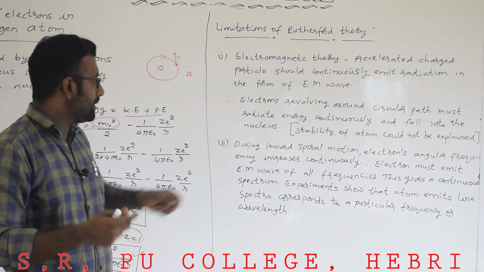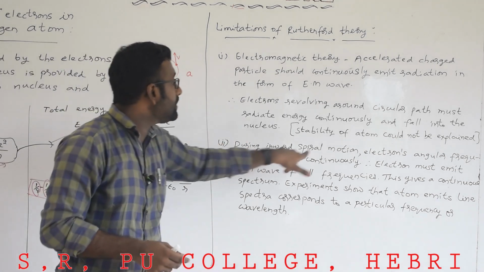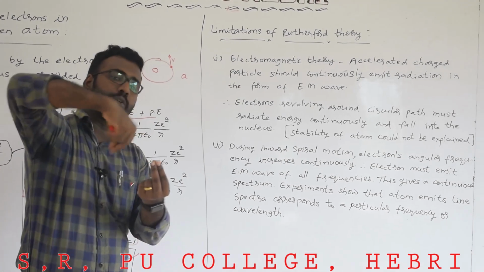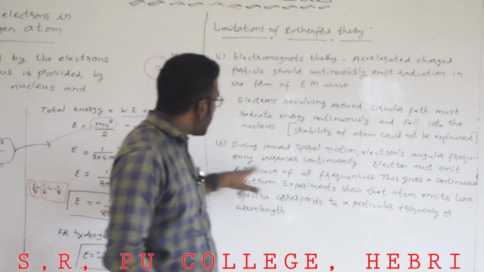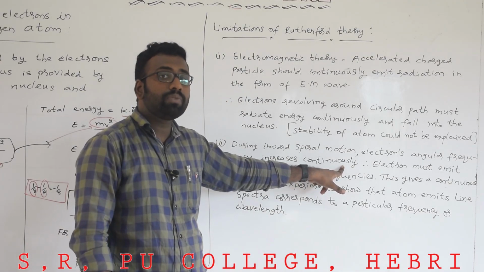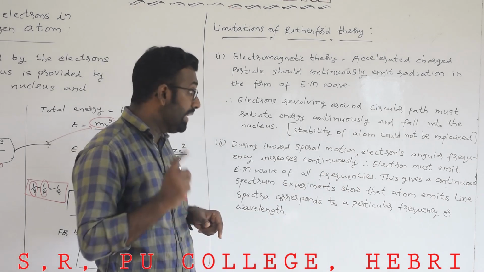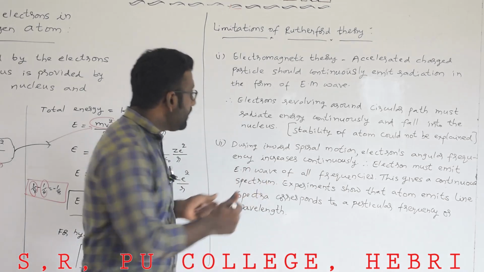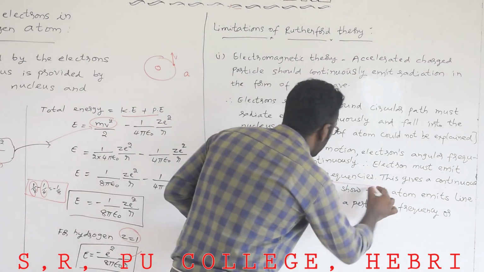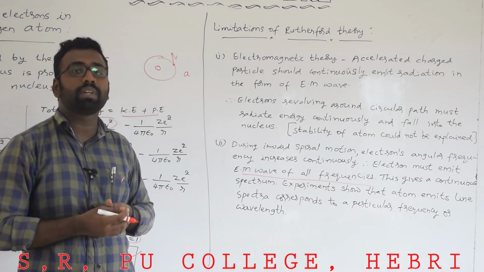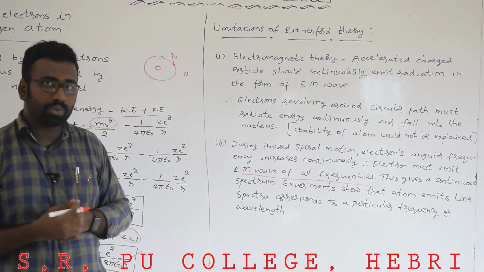Another one, during inward spiral motion. See, when electron revolves like this, in the inward spiral motion, what happens? Angular frequency increases continuously. Therefore, electron must emit EM waves of all frequencies. See, if it is a continuous emission, then we will have all the frequencies, right? But what does experiment show?